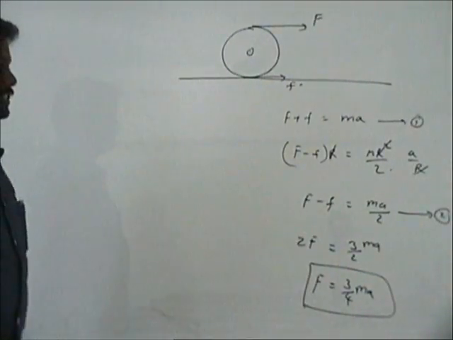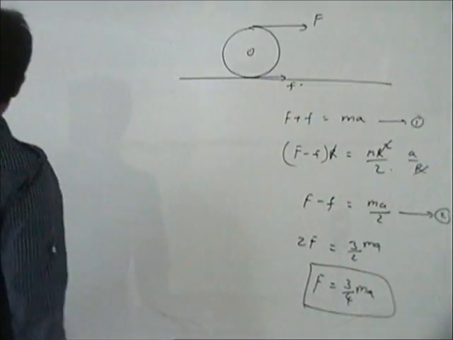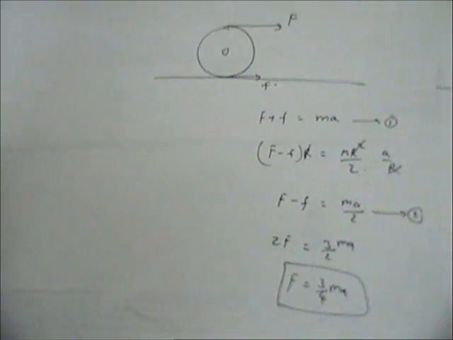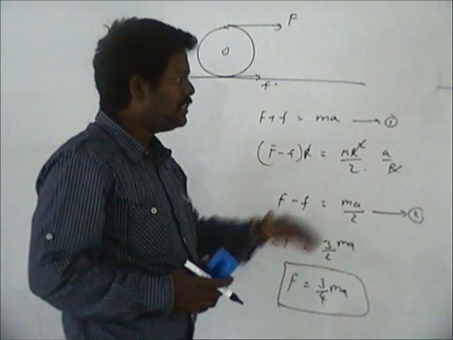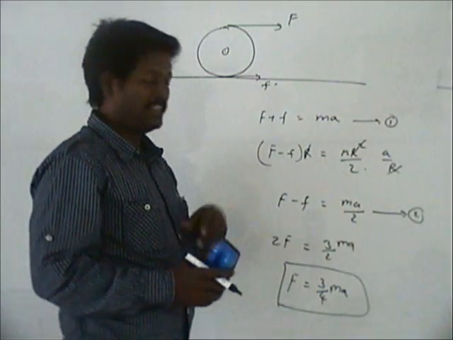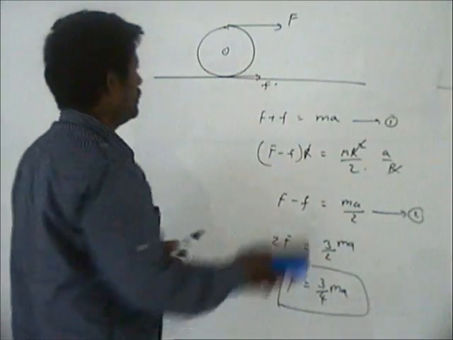The other way is, that day we were discussing, taking the energy equation. How can we use the energy principle to calculate? It is a laborious process, but let us see how we can use it.